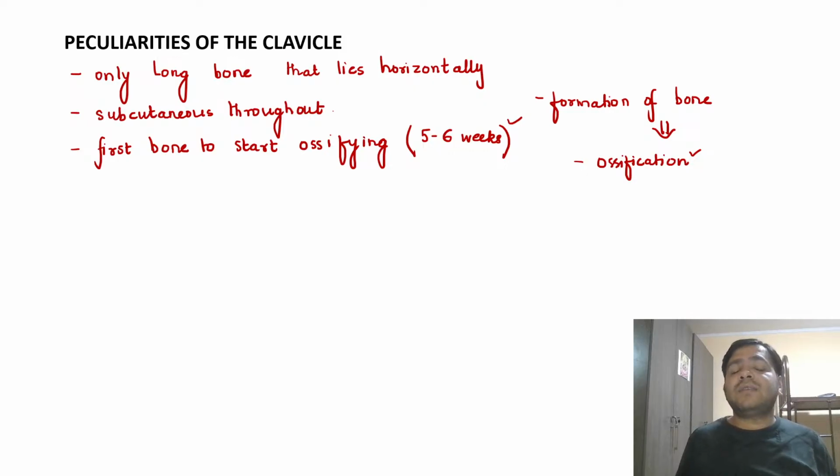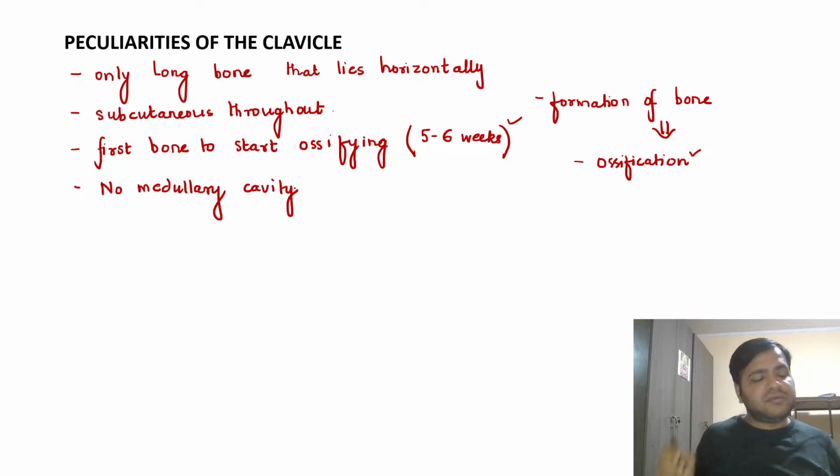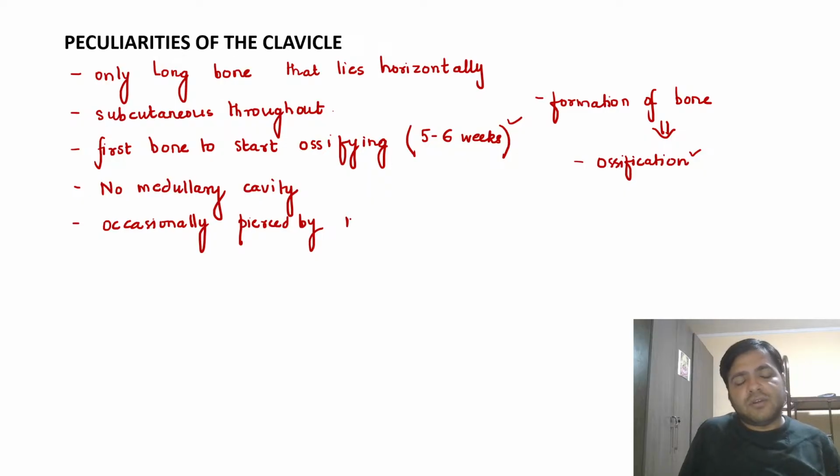Now, can anyone tell me at which age the ossification will complete? This part I'll discuss in the ossification also. Apart from that, remember that there is no medullary cavity over here.